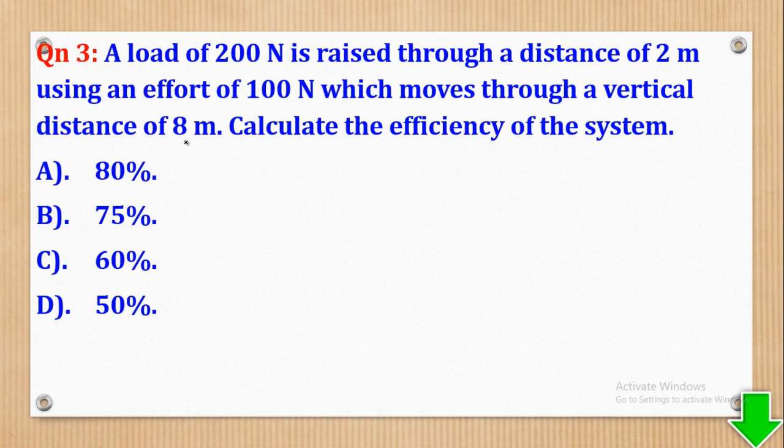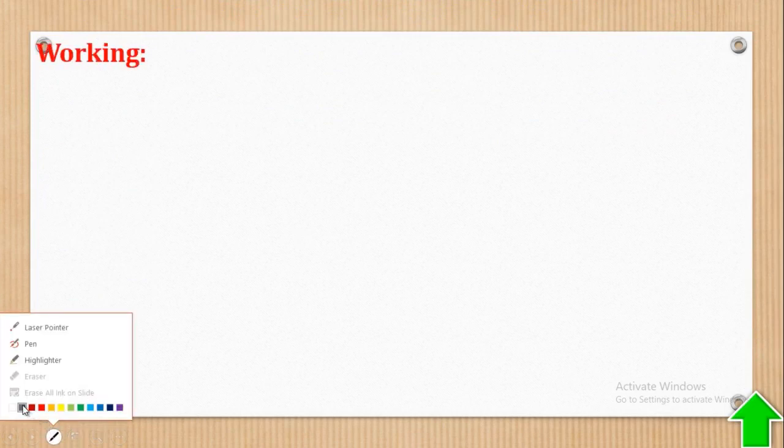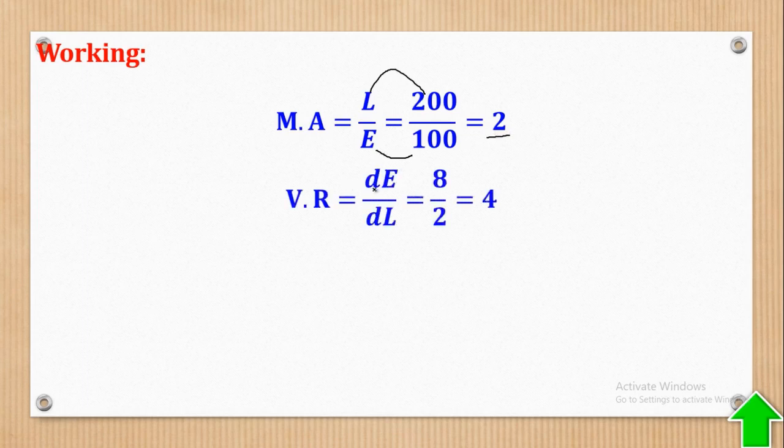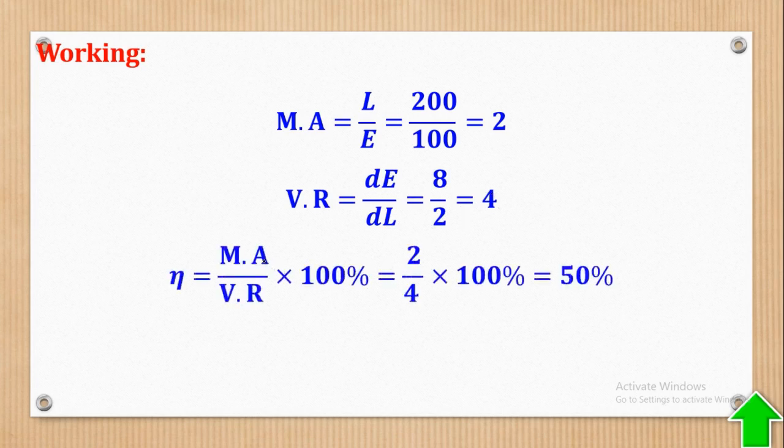Therefore we shall do some calculations to come up with the correct efficiency. First of all, we shall remember that mechanical advantage is load over effort. Load is 200, effort is 100, therefore mechanical advantage is 2. Velocity ratio is effort distance over load distance. Effort distance was 8 meters, load distance was 2 meters, therefore when I divide, I come up with 4. Now that I have mechanical advantage and velocity ratio, efficiency is mechanical advantage over velocity ratio multiplied by 100.